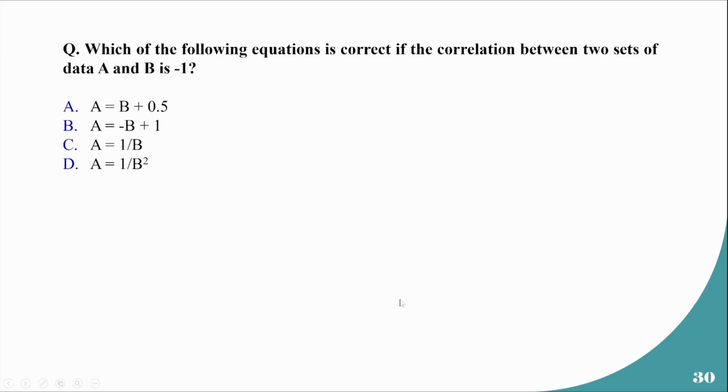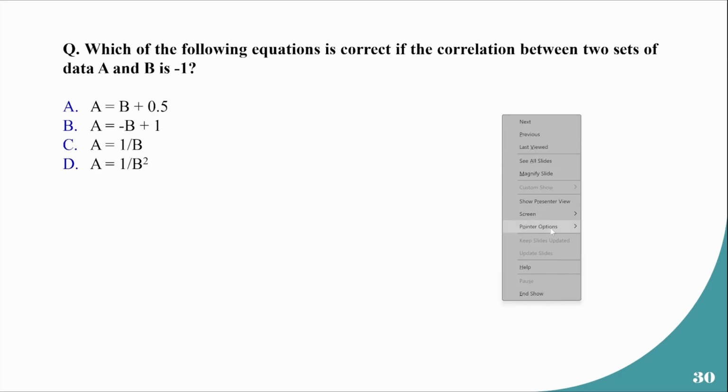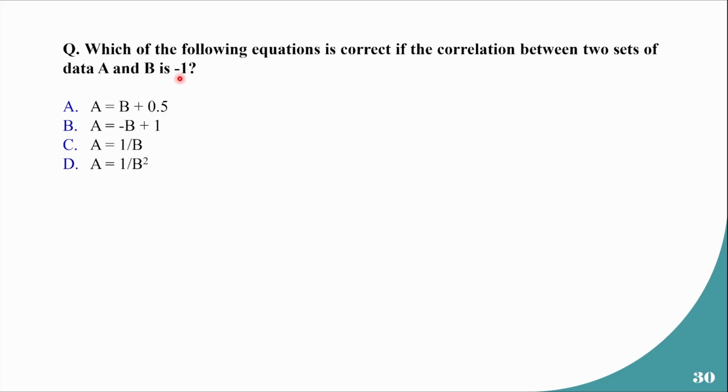So here it is saying the correlation between two sets is -1. So kind of like perfectly opposite correlation or anti-correlated, right? You can think of it in this way: if the value of one set increases, then the value of the other one drops.